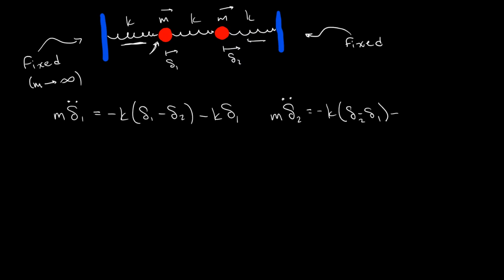So it's going to feel a negative force with a positive displacement. So I know that the equations of motion have to look like that. So again, we just do the same thing that we did before. We guess our solutions. Delta i equals A_i cosine omega t plus B_i sine omega t.